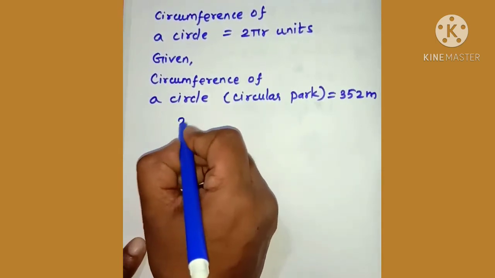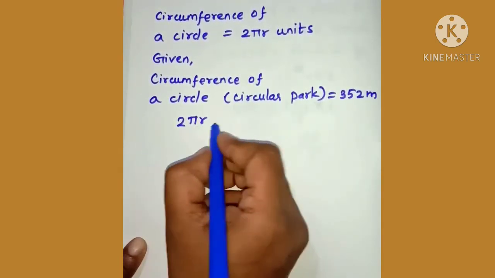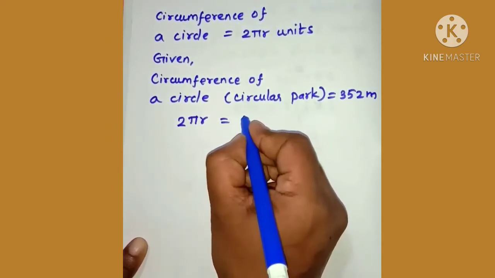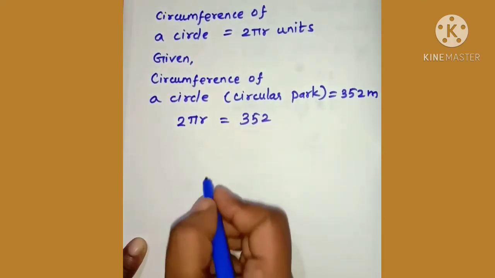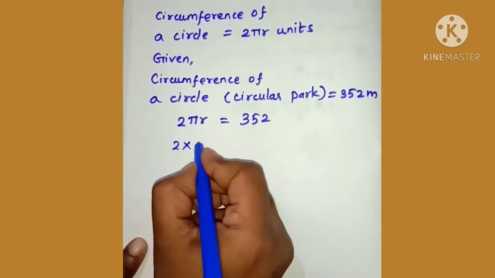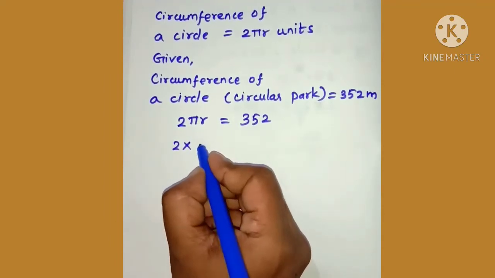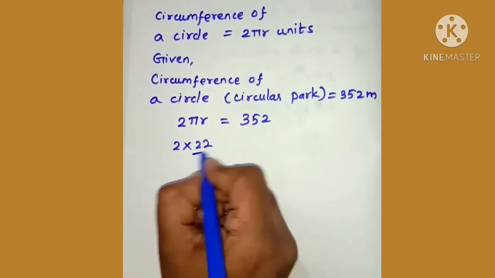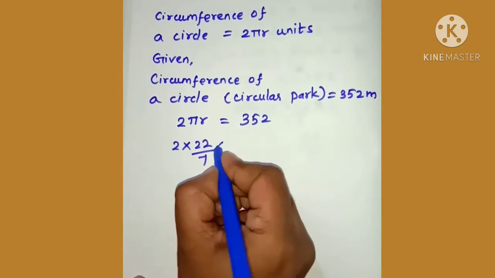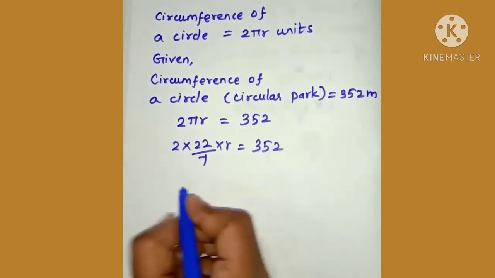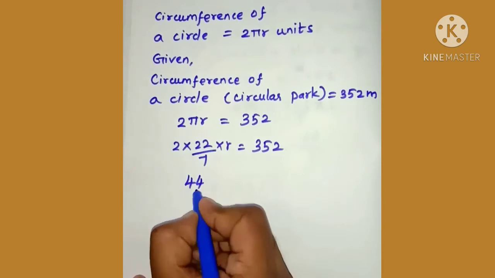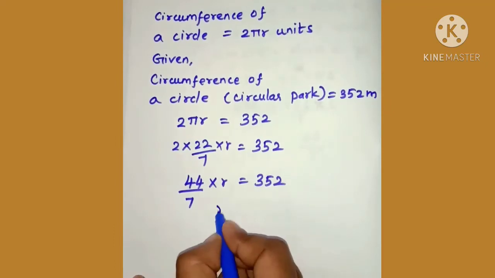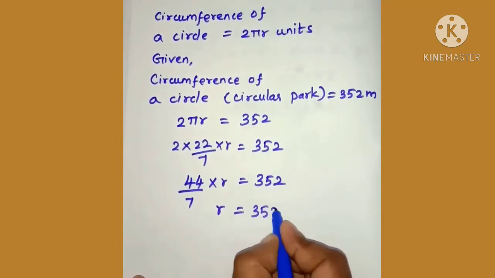So now students, as a first step, equate 2 pi r, that is the circumference of the circle formula, with the value 352. In the next step, what is the value of pi? We can use 3.14 or 22 by 7. Here we'll use 22 by 7, and into r is equal to 352, and 2 into 22 is 44 by 7 into r is equal to 352, and r is equal to 352.